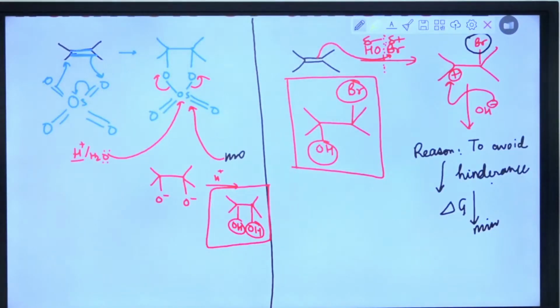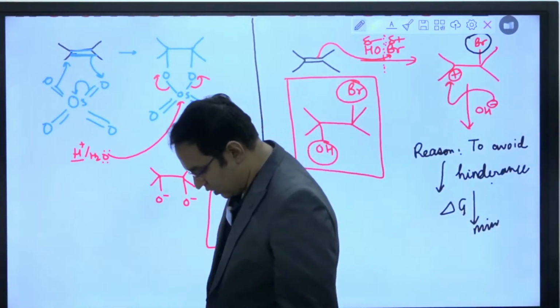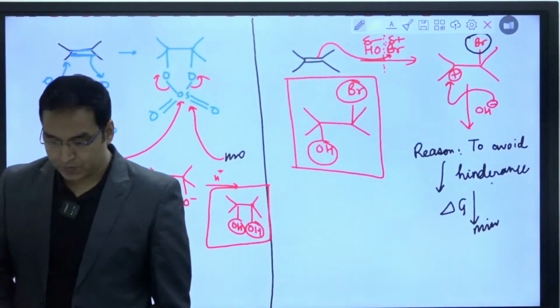Now what is its use? Why are we learning this? Why are we learning syn and anti? And what is the role of this? Let's try to understand that as well.